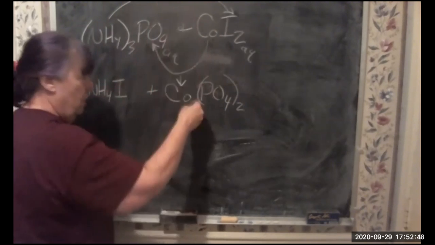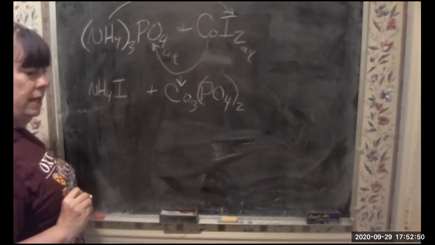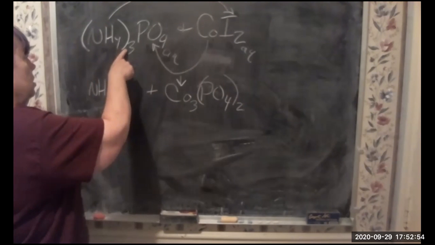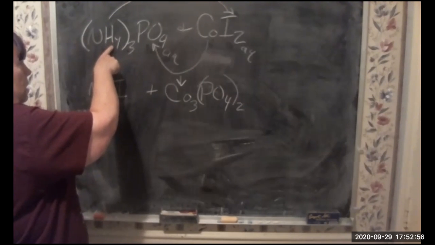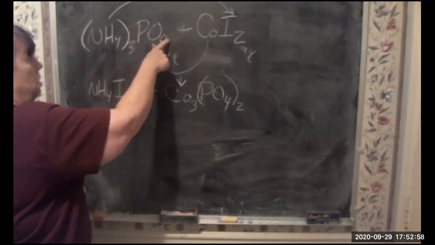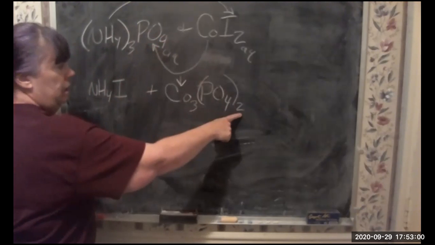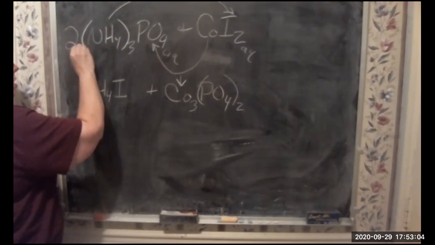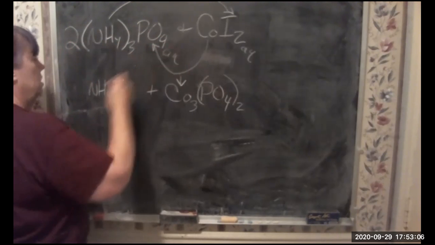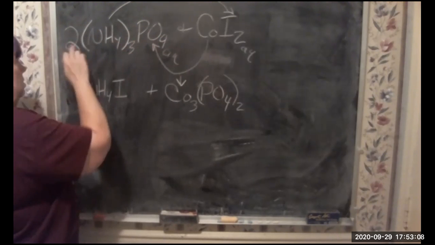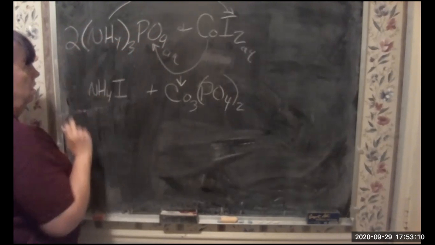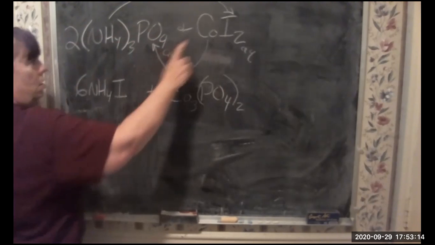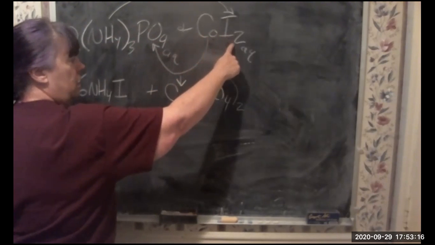So I know it's written vertically, but this is your molecular reaction, and it's not balanced yet either, because with 3 ammoniums, I only had 1 phosphate, I need at least 2. I'm going to go back and put a 2 here. Well, that means I'm going to need 6 NH4s, so I'll put a 6 there. I had cobalt iodide here.